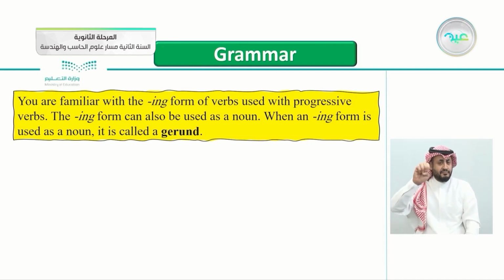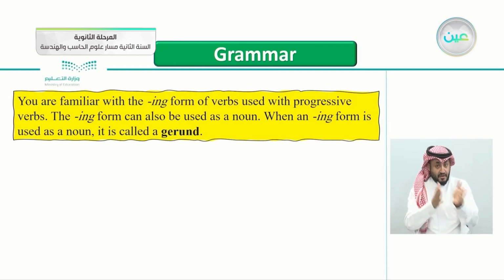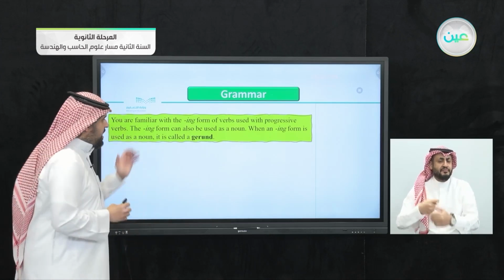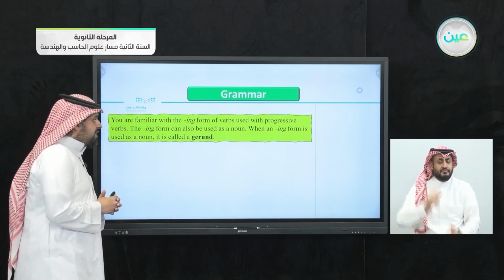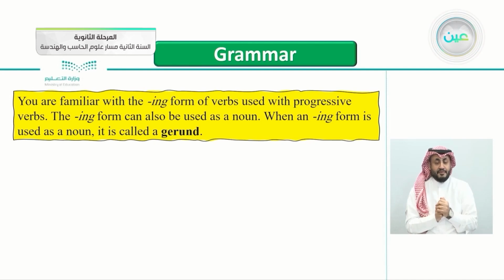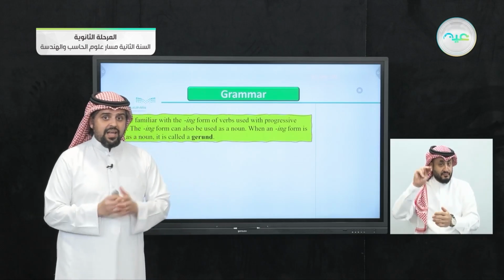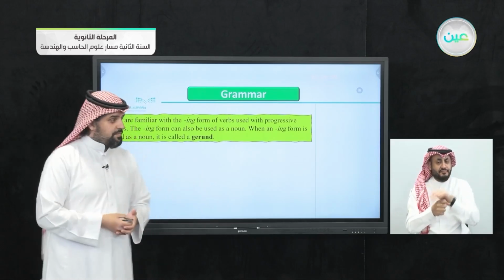So there's another use of the ing form that acts as a noun, and we call it a gerund. So again, what is a gerund? It is an ing form of the verb that acts as a noun.